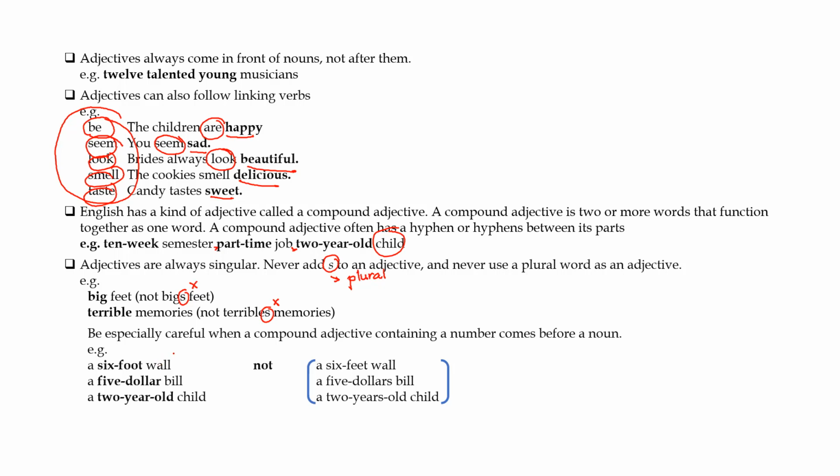In this case, please be especially careful when a compound adjective containing a number comes before a noun, like a 6-foot wall, not a 6 feet wall. Don't use the plural form. A $5 bill, not a $5s bill. A 2-year-old child, not a 2 years old child.